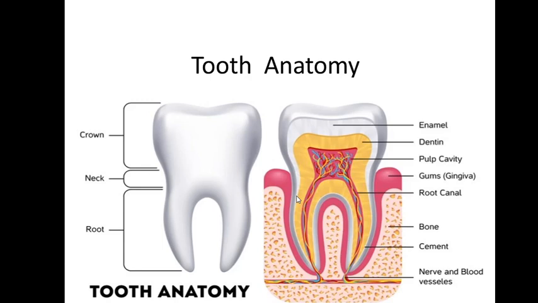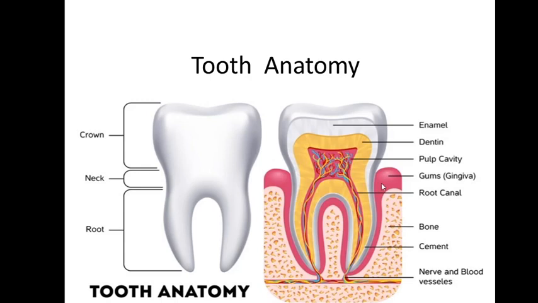This is the meeting point between the enamel of the crown and the cementum of the roots. Then we call it the cemento-enamel junction, or the cervical line.